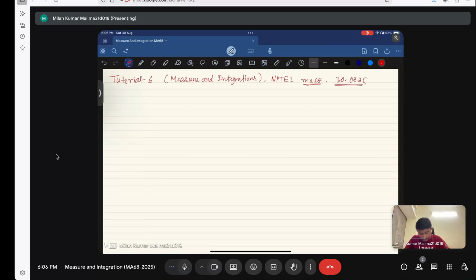Before that, let (X, S, mu) be a measure space, and f is a function from X to C, a complex valued measurable function.